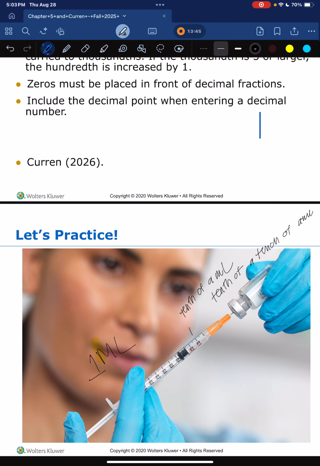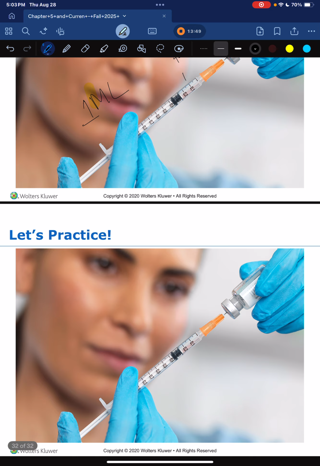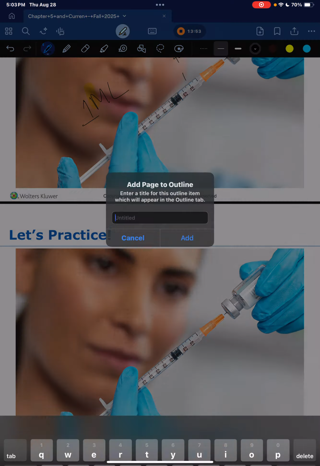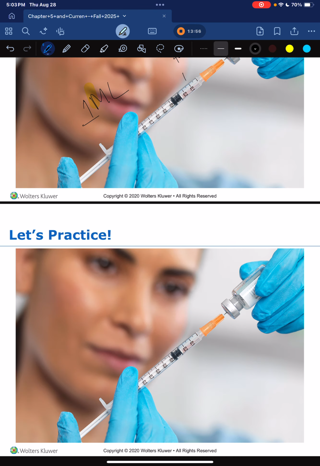Let's do this one. Solve this one, and you're going to express it to the nearest whole number. Let me know what you get. Handy dandy calculator.